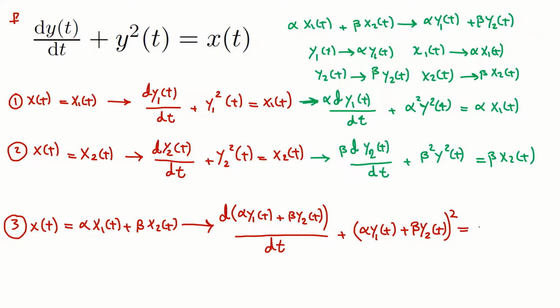This equals the input, and the input is alpha x1(t) plus beta x2(t).